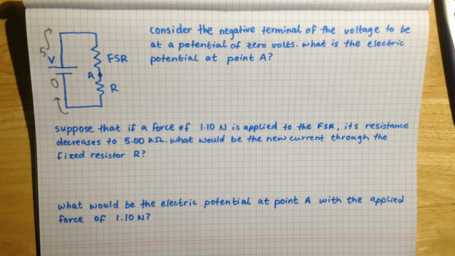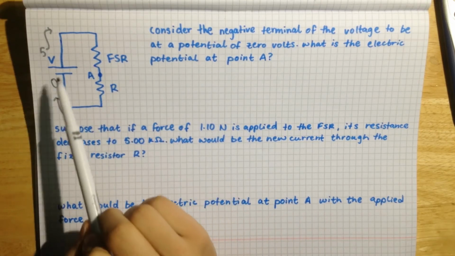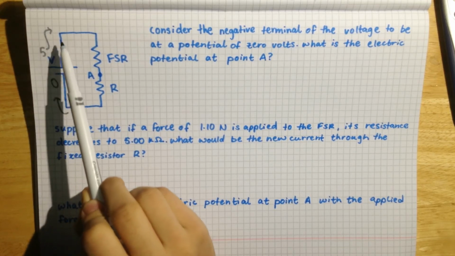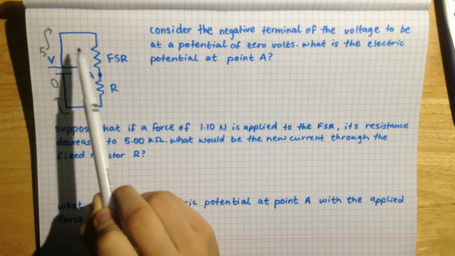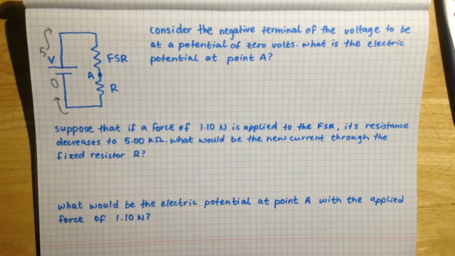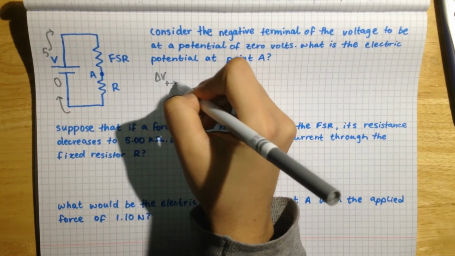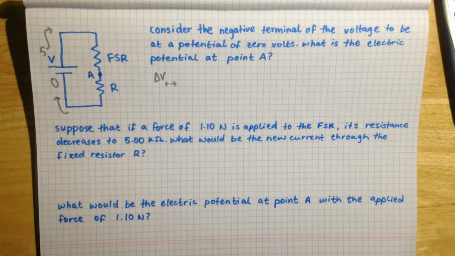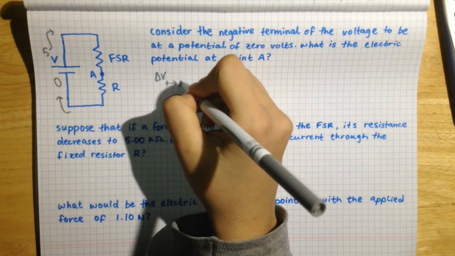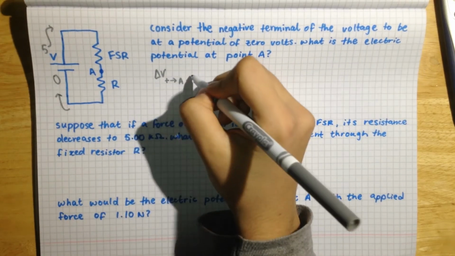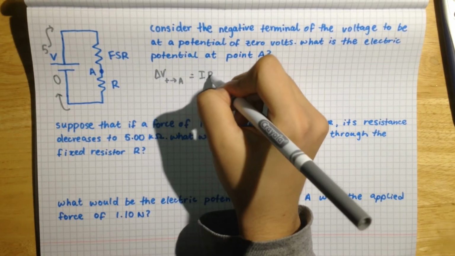So let's find the delta V, the change in voltage from when it first enters the circuit from this positive terminal all the way to point A, so just after it crosses through the first resistor. So delta V, I'm just going to notate this as from the positive terminal to point A, just so we can remember that. So this is going to be equal to the current times the resistance.